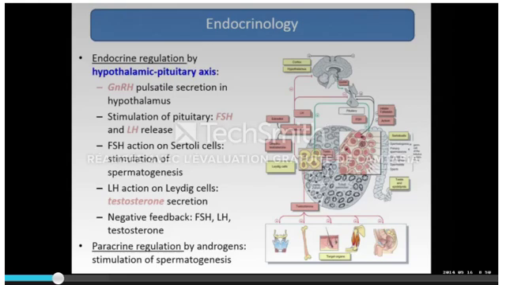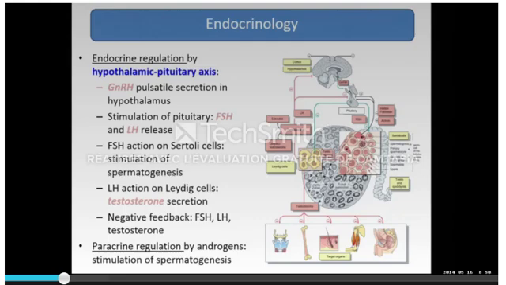First of all, the first stage consists in the hypothalamus, which is secreting in a pulsative fashion GnRH, just like in the woman. This pulsative secretion of GnRH is stimulating the pituitary, which in response will secrete FSH and LH. And I guess that you've all heard about FSH and LH, but maybe especially in women.